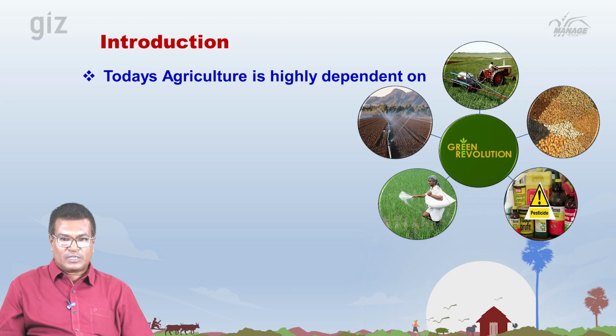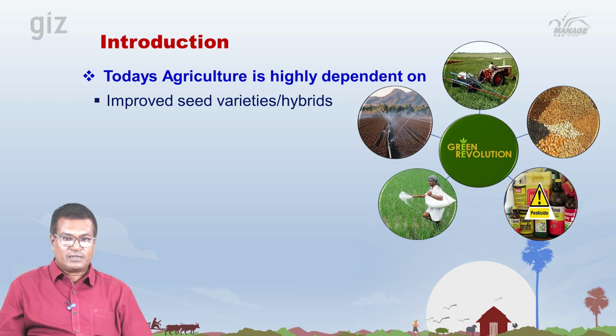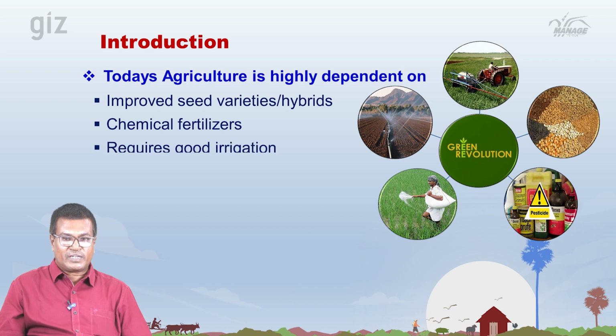As I said, today's agriculture is highly dependent on different synthetic or ready-made inputs. If you want to list them, farmers are using improved seed varieties and hybrids for better yields, and then to get the maximum potential out of the seeds, they are using chemical fertilizers to the maximum. When they are using these two things, the thirst is more and they require a lot of irrigation.